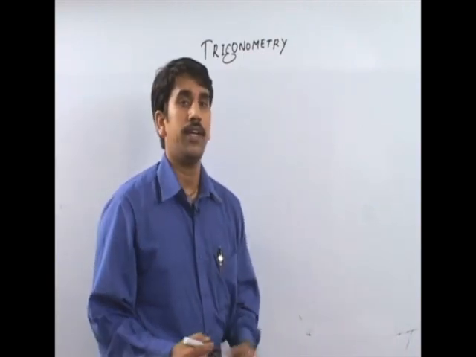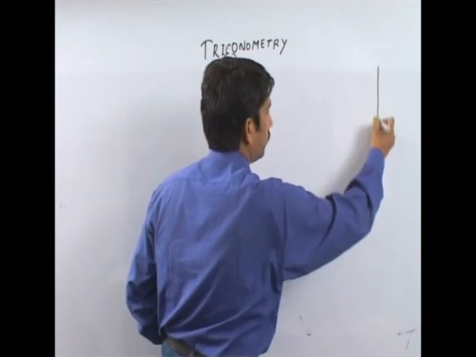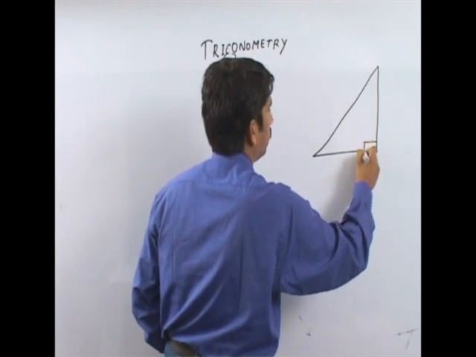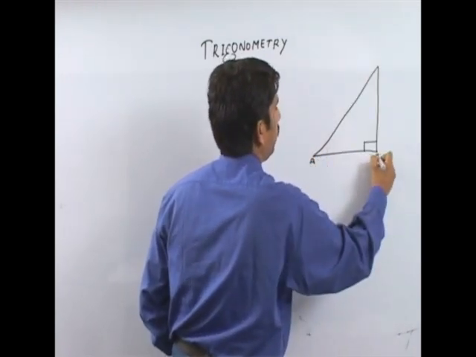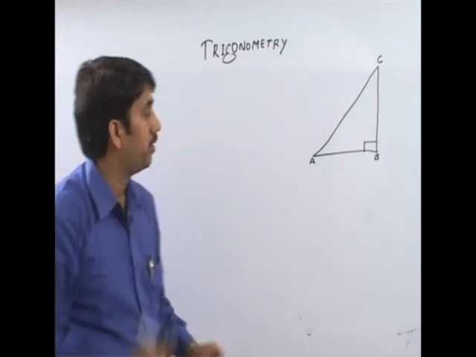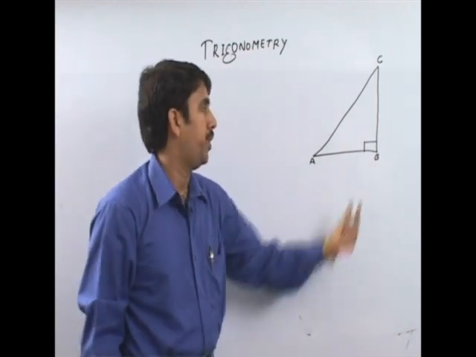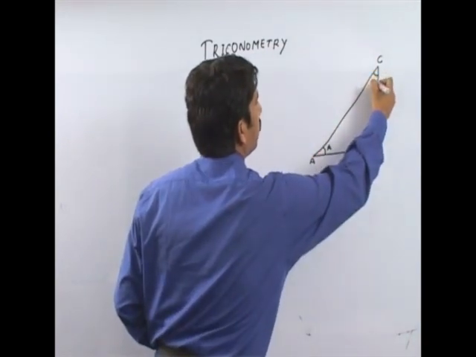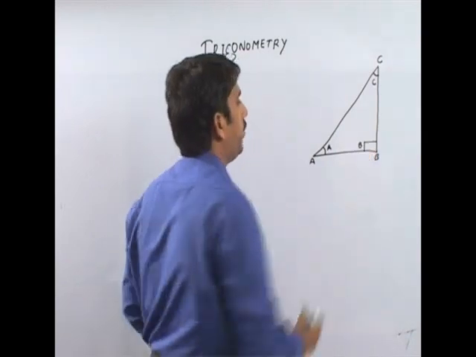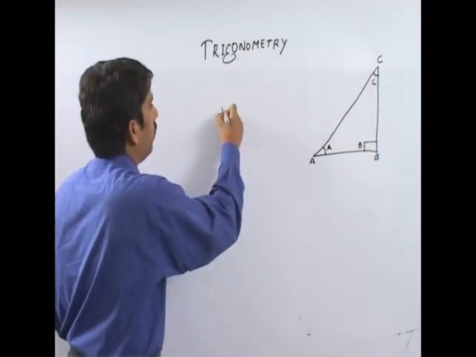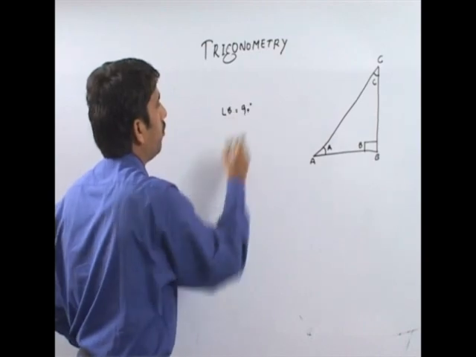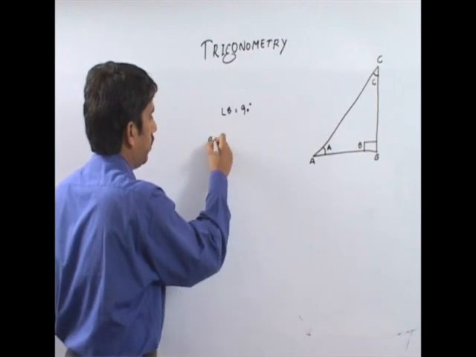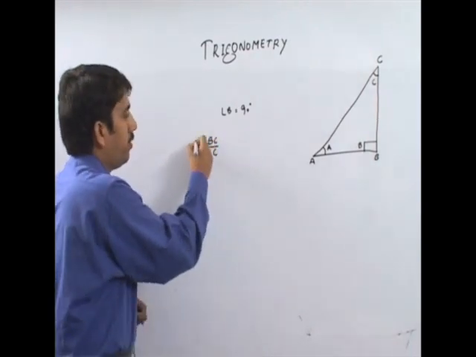Now if we draw a right angle triangle ABC, this triangle is right angled at point B. Suppose this angle is A, this angle is C and this angle is B. Now if we take the ratio of BC over AC, what are BC and AC?